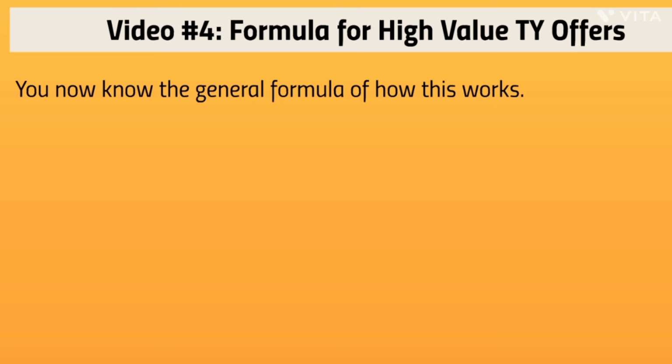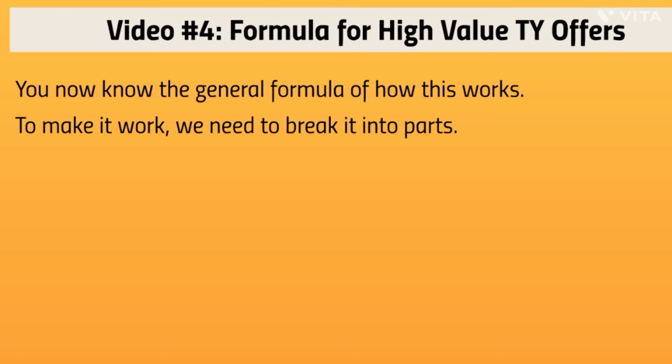So you really have to think about how you can offer something of value, but not in direct competition, if that makes sense. So to make this work, you really need to break it into parts.